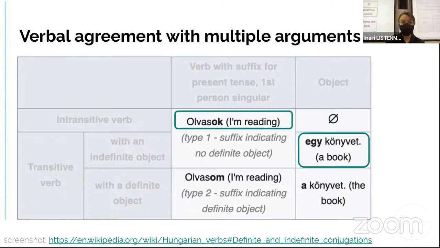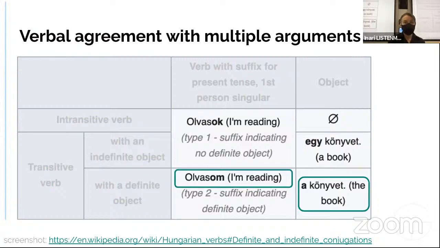If it's transitive, then this is the form where you have first person agent and an indefinite object. And this is the form where you have, again, first person agent, but a definite object. So it makes a difference. The object makes a difference in the verb form, not just the agent.